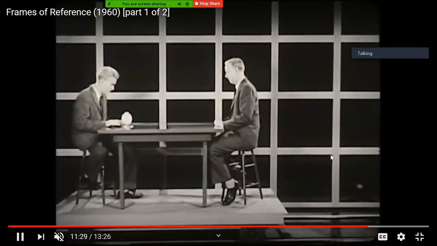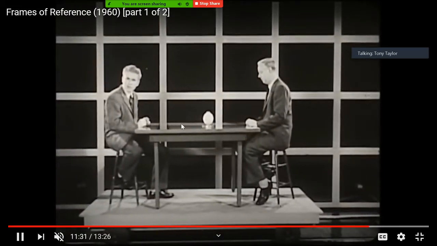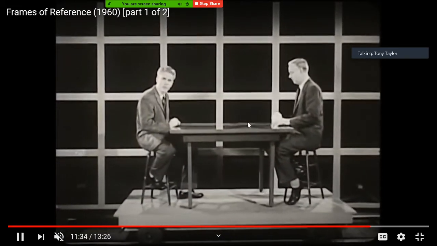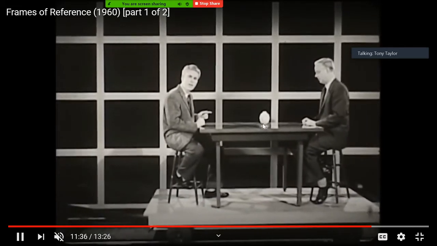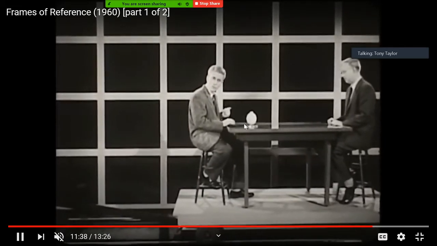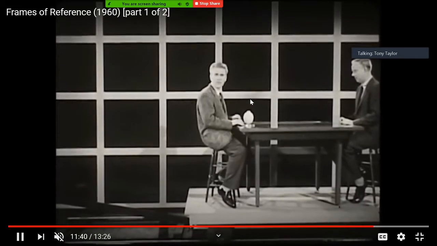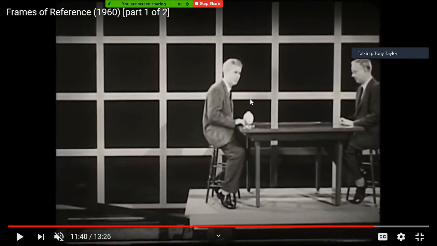Okay, here we go. So notice in this point of view, look at the speed of it moving in this direction. But notice how it appears to be going slower, moving in the opposite direction relative to that background there. And that's because we changed our frame of reference.